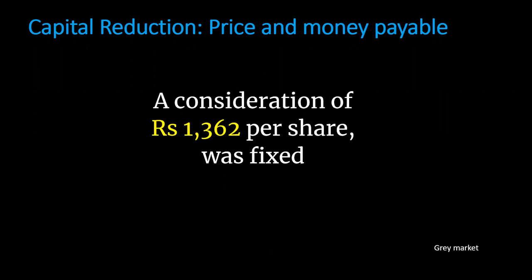So 1,362 is the price per share that Reliance Retail is going to give for these 34 lakh shares. So the cash outflow is from RRL, not from RRVL, not from RIL, but from RRL. The cash outflow will be 1,362 into 34 lakh.